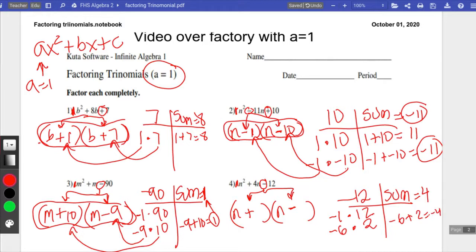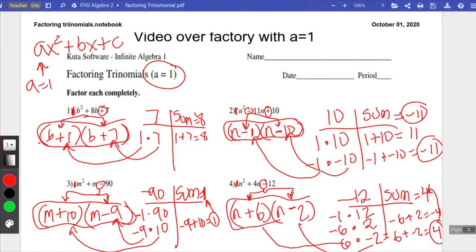Reverse it. Do 6 times negative 2. If you add 6 plus negative 2, you get 4, which matches this 4. So you put the 6, which is positive, and you put the 2 right here. You're done. All right, good stuff. Now you can try the next one.